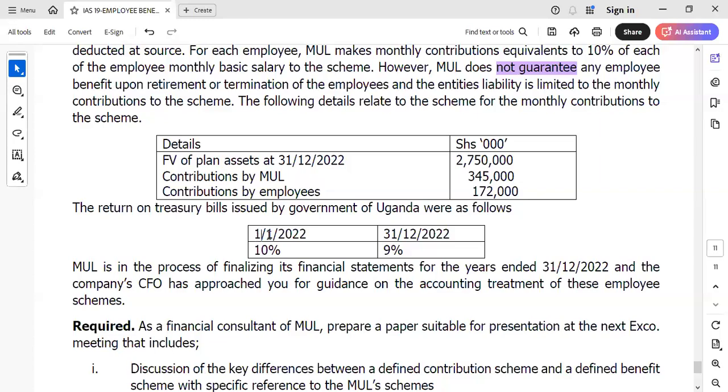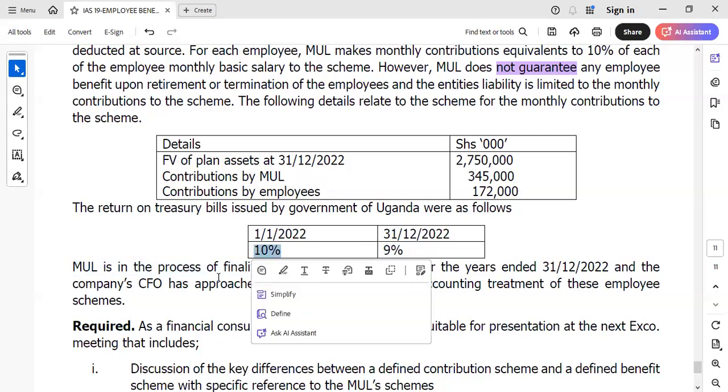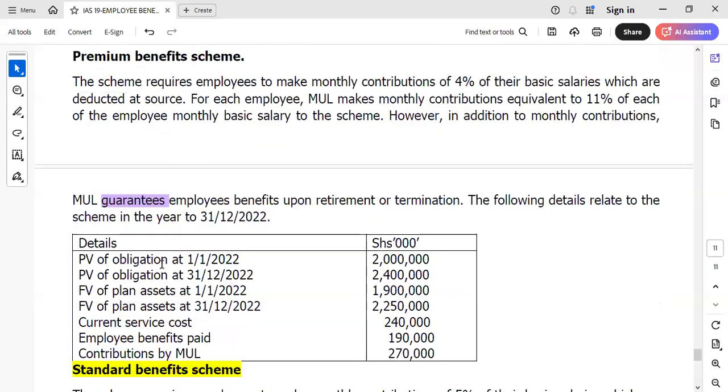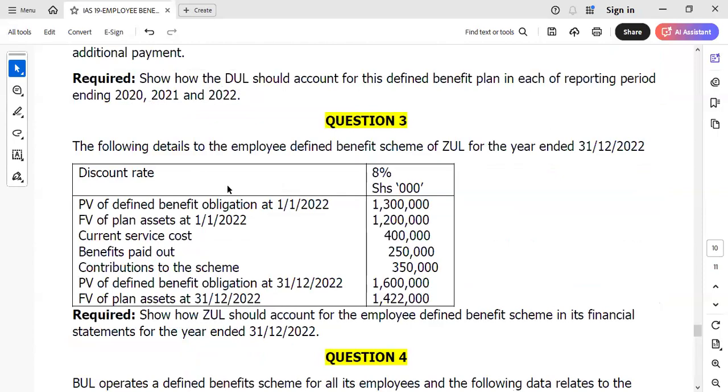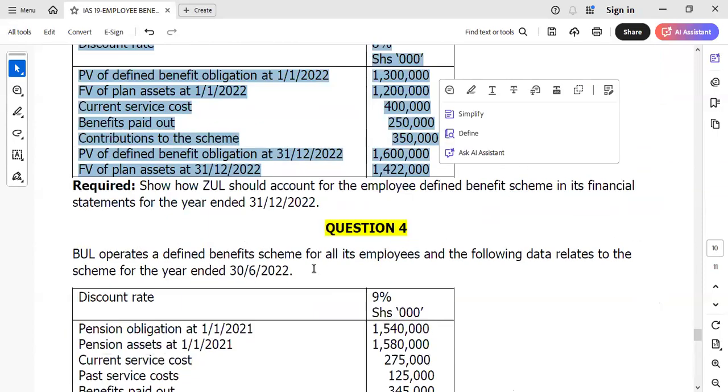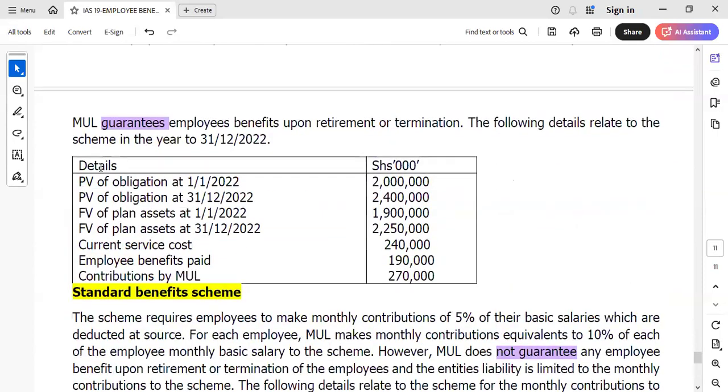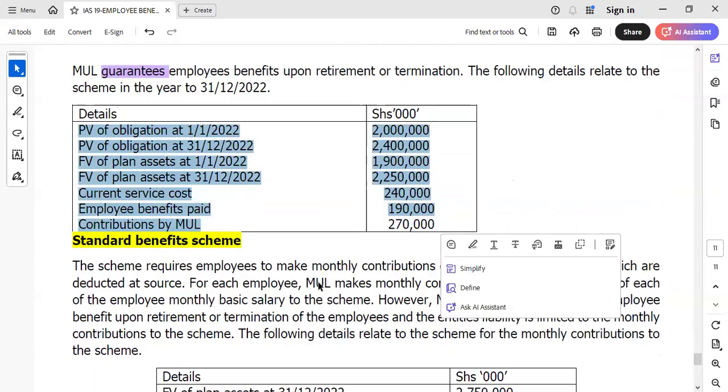You see that here you have 1st January and also 31st December. So you will be using 10%, the one at the start. But really, this is like what we have handled. This is like question 3. You just follow, and that will be all.